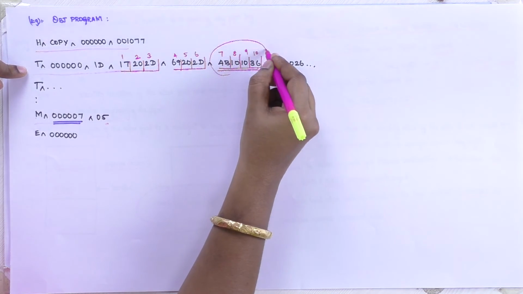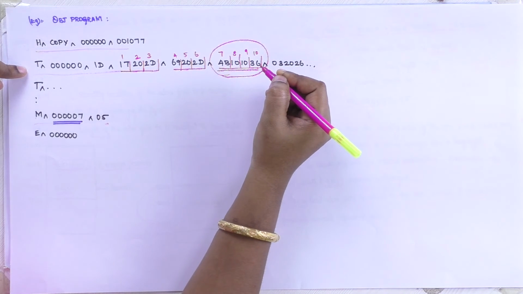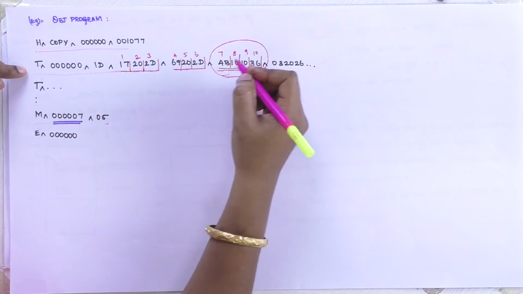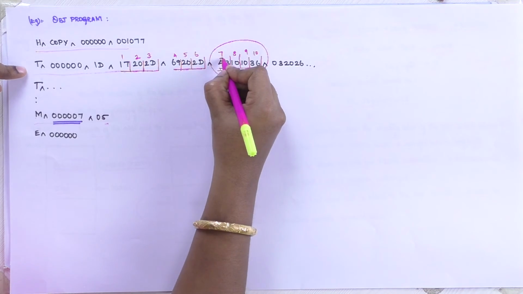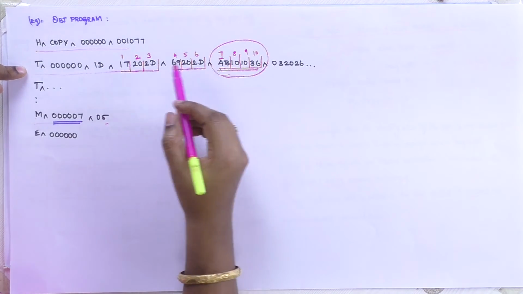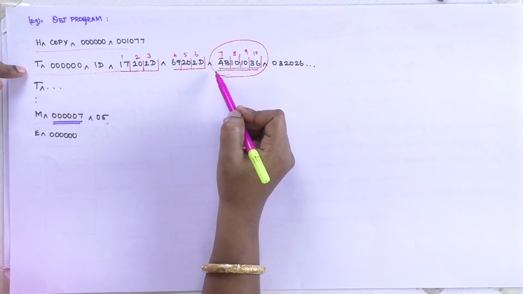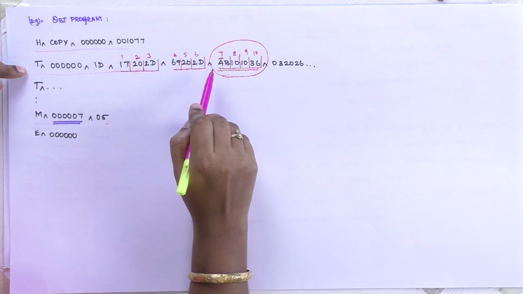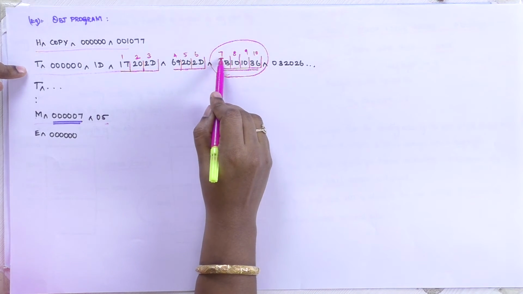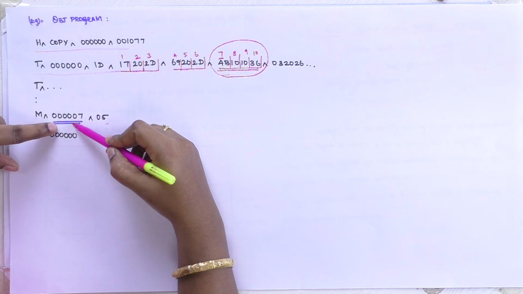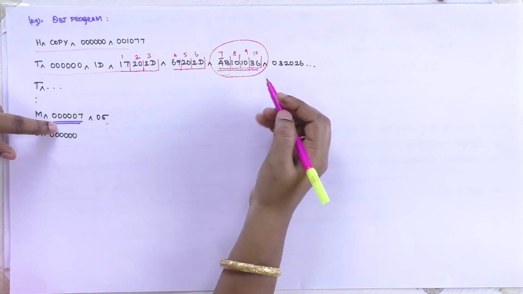So actually this is our object code which needs to be modified during loading. What is the starting address of this object code? 7. So this is the starting address of the object code in the object program. So 7 is the starting address, so I have written 0007.